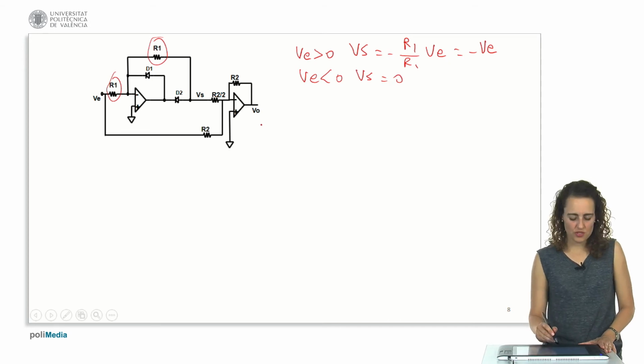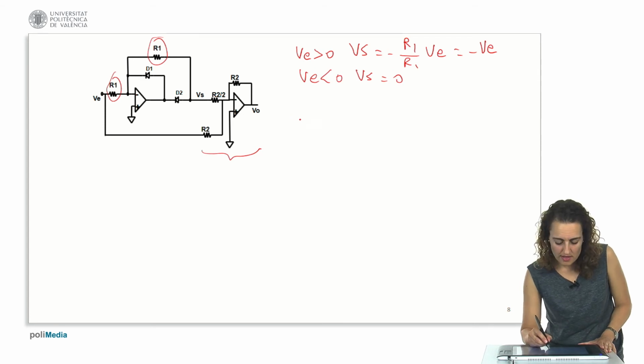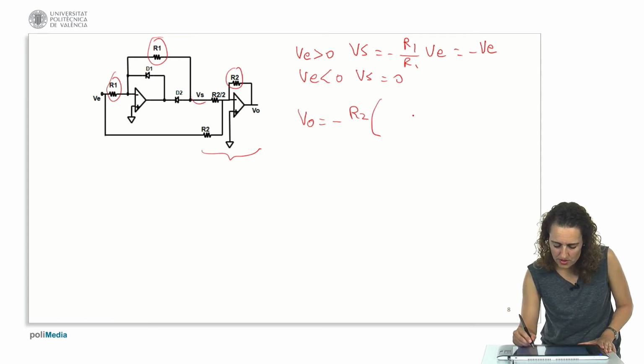Now let's analyze the second part of the circuit, which is a summing block. This is an inverting summing block, and I know that the output is going to be minus the feedback resistor, R2, times one of the inputs, Vs over R2 over 2, plus the other input, which is VE over R2.